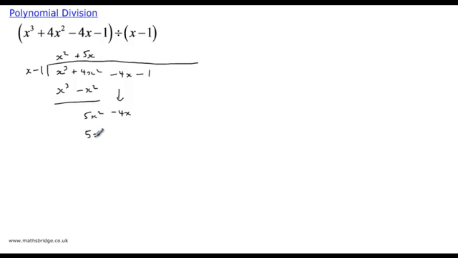Multiplying through again gives me 5x squared minus 5x, and subtracting these two terms gives me a single x, and drop the minus 1 down. I now need to multiply by 1, which again gives me the x minus 1, and so I end up with no remainder.